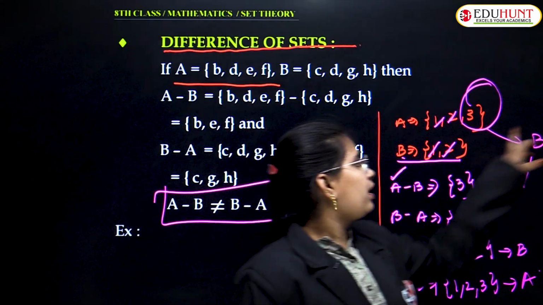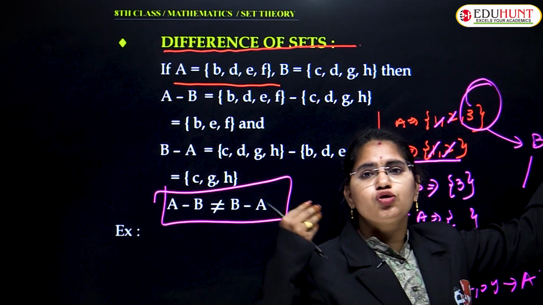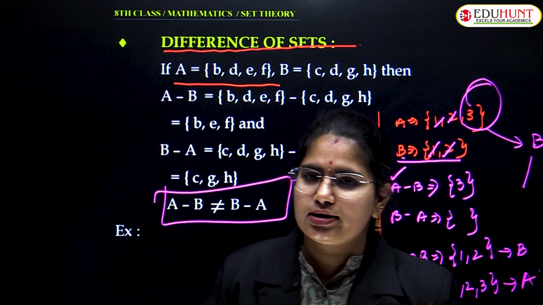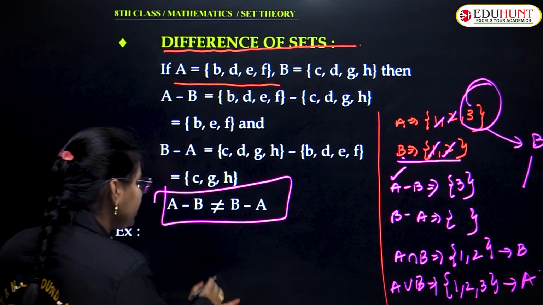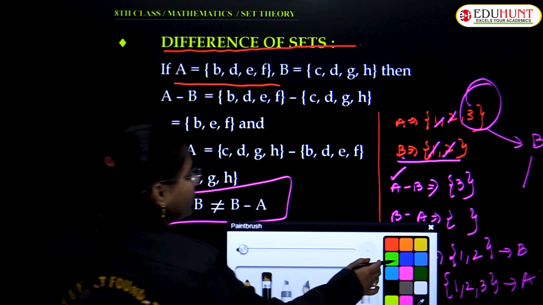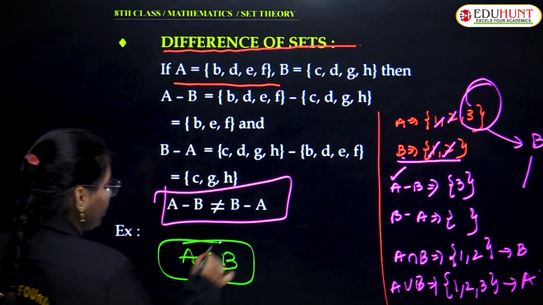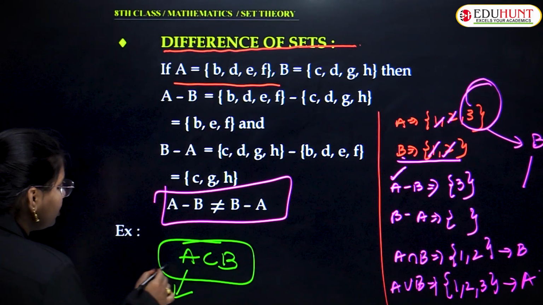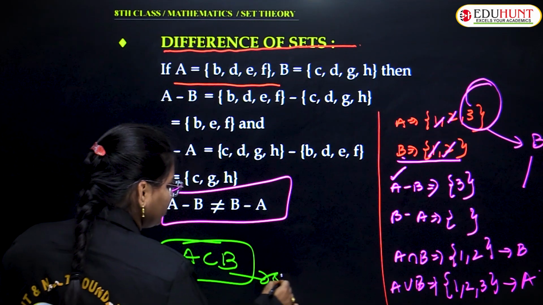So A is nothing but a superset, because A is the superset. So superset represents that itself is the union of two sets. If A is subset of B, very good question. Somebody is asking me, ma'am, what happens if A is subset of B? If A is subset of B, in that case A is a subset and B is a superset, correct?